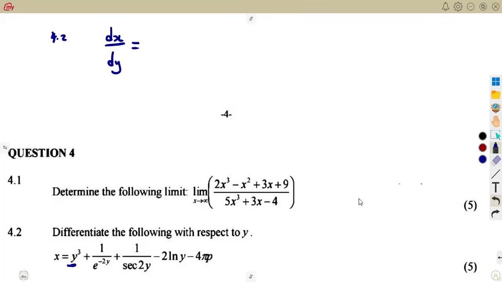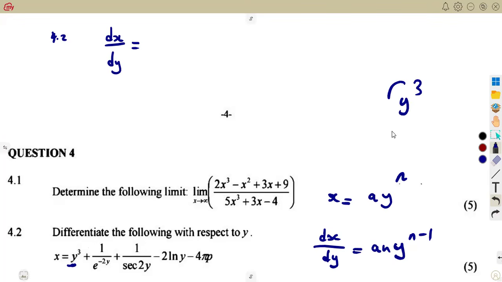Remember, when it is a y to the exponent of n, the derivative of x with respect to y is n y to the exponent of n minus 1, where you drop the exponent and subtract 1. So this is our case, y to the exponent of 3. We drop the exponent and subtract 1. So that's 3y squared.